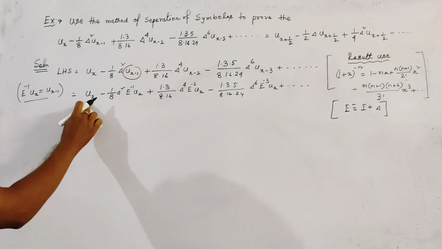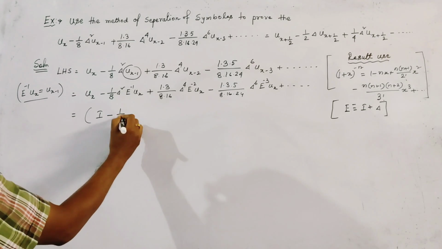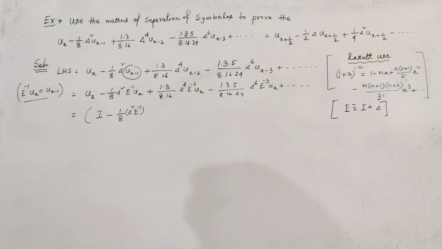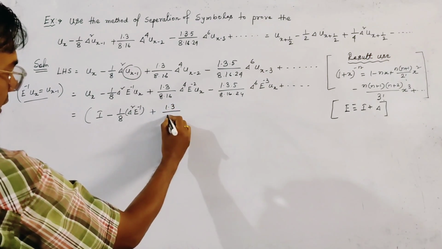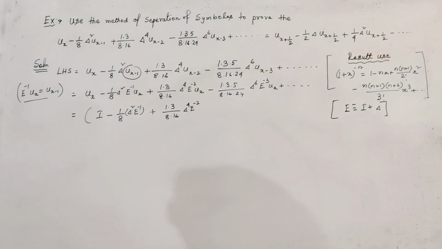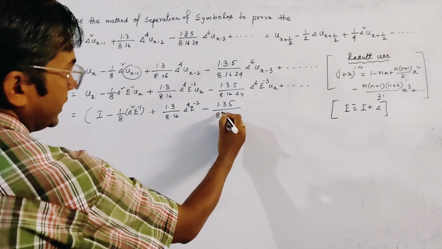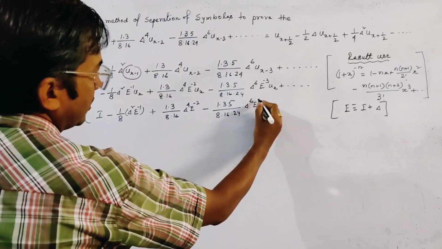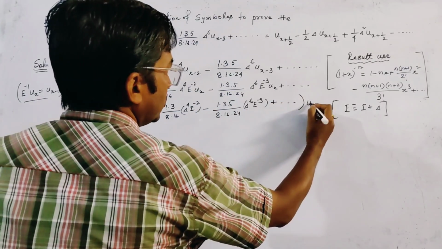Now taking u_x common from the right, we get 1 minus 1/8 delta squared E inverse, then plus (1·3)/(8·16) delta to the power 4 E to the power minus 2, minus (1·3·5)/(8·16·24) delta to the power 6 E to the power minus 3, and so on, into u_x.